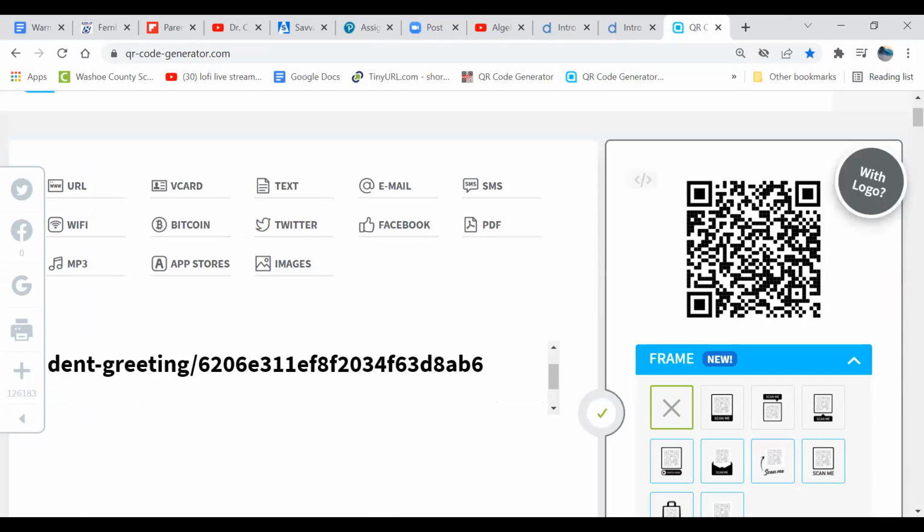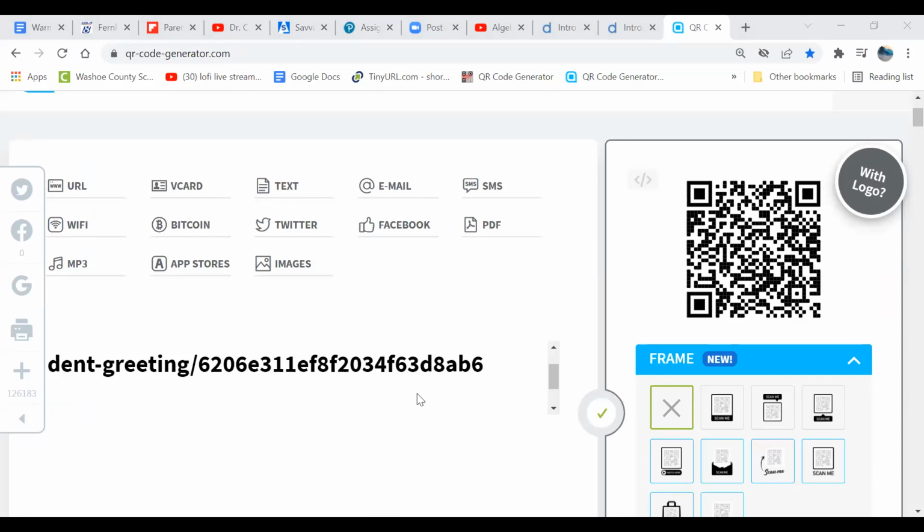Okay, there's my QR code. And so take your camera feature. And I'm just going to paste it right here for you guys. Copy paste. And then you guys can go ahead and just add it from there.